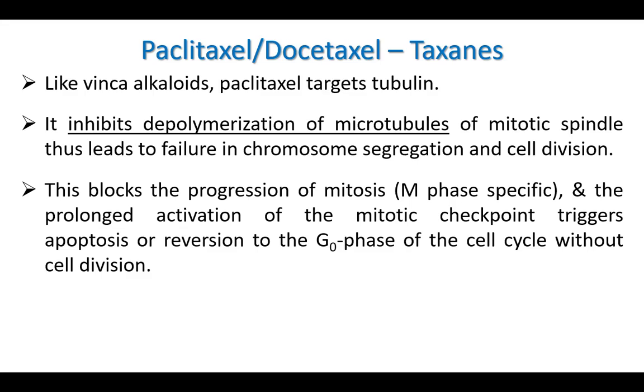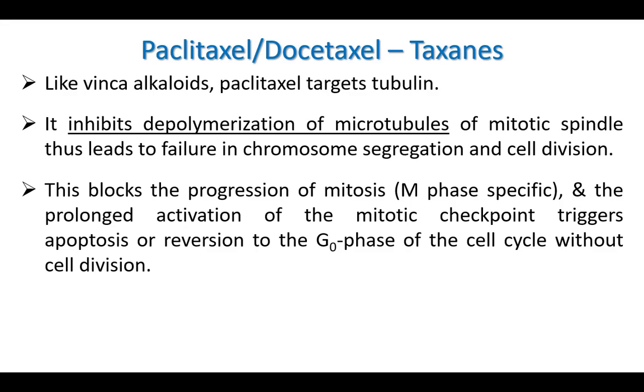There are checkpoints that check the DNA integrity, because during the cell cycle, the cell needs to divide. For that, there is growth of the cell and duplication of the DNA material. But then there are checkpoints to check whether everything is going well. Suppose during the DNA duplication there are any aneuploidies or any mutations in the DNA.